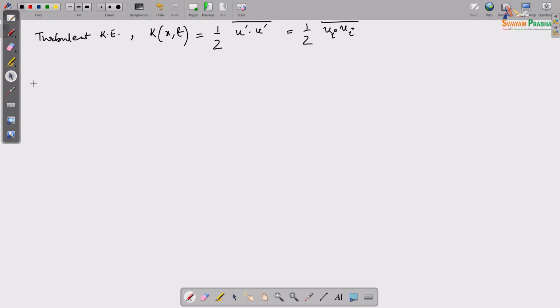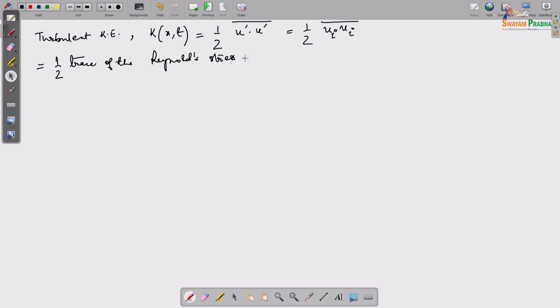So if I write that in words, the turbulent K is equal to 1/2 of the trace of the Reynolds stress.